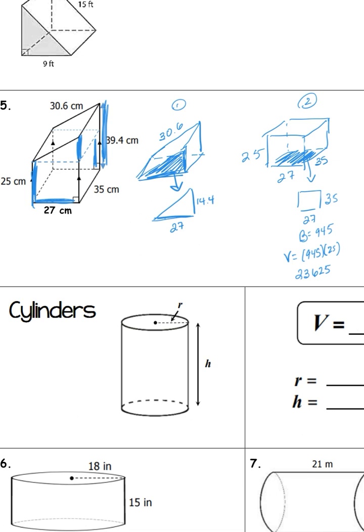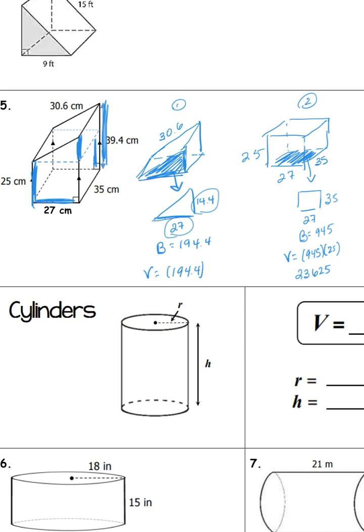Now I can find the area of that triangle. So we're going to take 27 times 14.4 divided by 2. So I get the area of this base is 194.4. Now we can find the volume. So our volume is 194.4 times the height of the triangular prism. So the triangle prism is going to be how far apart are the bases.